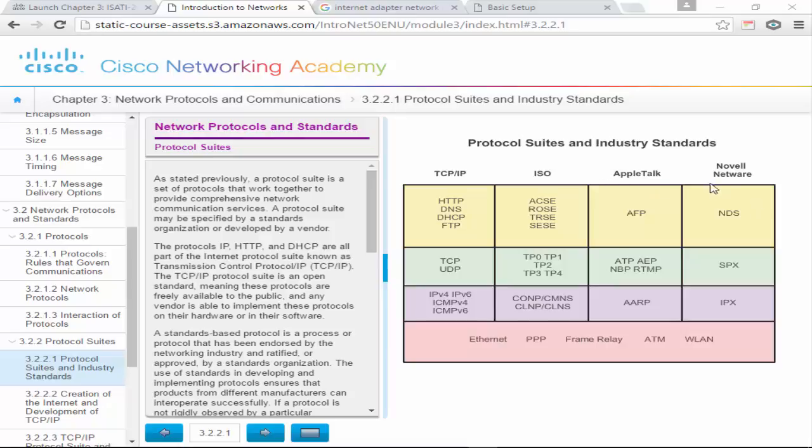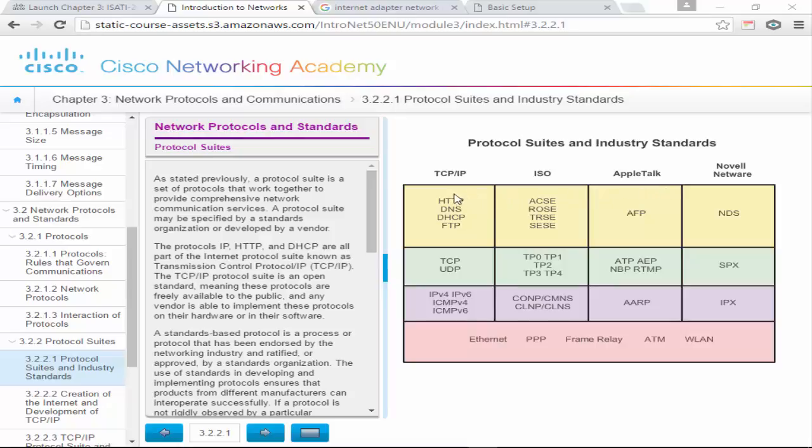But AppleTalk and Novell existed before TCP/IP became the industry standard that everyone would use, so that you didn't have to buy an Apple device. If your network was Apple, you had to use AppleTalk, so everything had to be Apple, and it didn't work with, say, IBM devices or Novell devices, right? So TCP/IP is an open standard for all industry on this model.